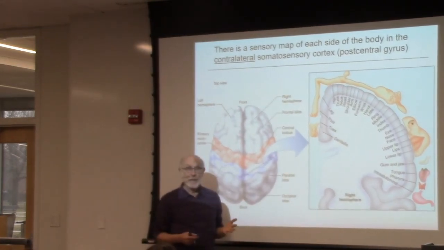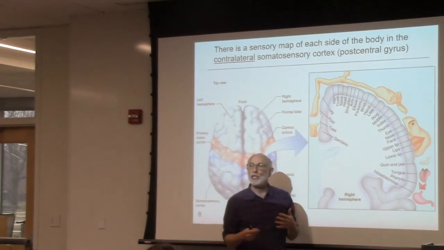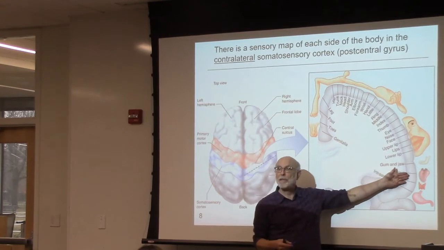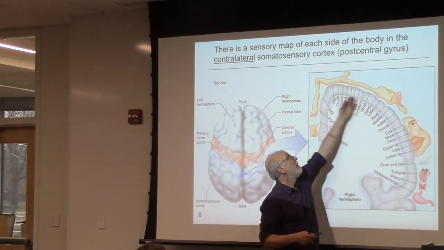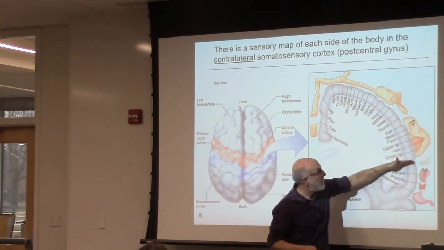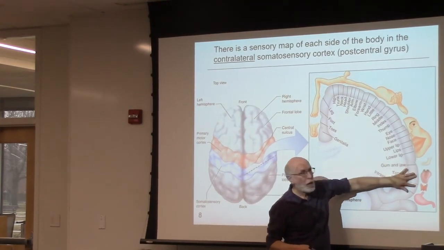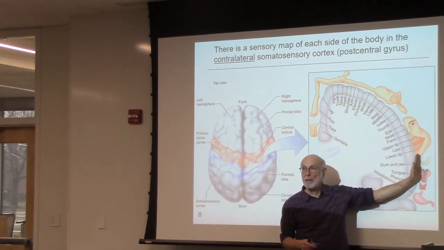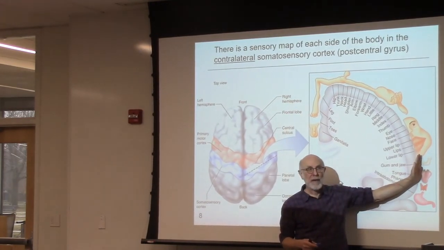The body is mapped. The location of the information coming from the body to the brain is mapped locally on the somatosensory cortex. So information from the head and face, jaw, tongue, and throat is mapped laterally, the lateral part of the somatosensory cortex.